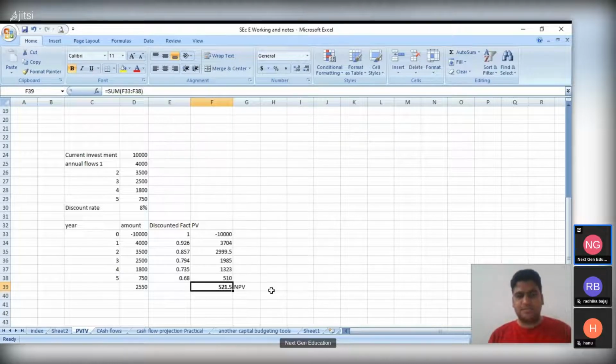Which means what? Which means the amount which you will get in the future, the present value of that amount is 521.5 rupees. In the second sense, we can say we invested 10,000 rupees today and I will get 521 rupees.